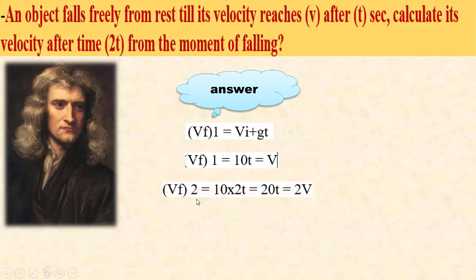By applying the first equation of motion in the second case, Vf2 equals 10t times 2, it will be 20t, so it will be 2v.